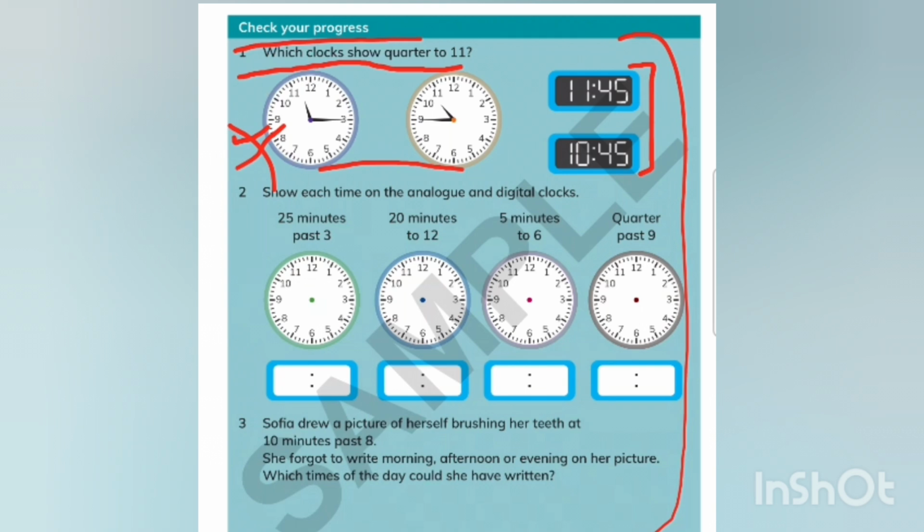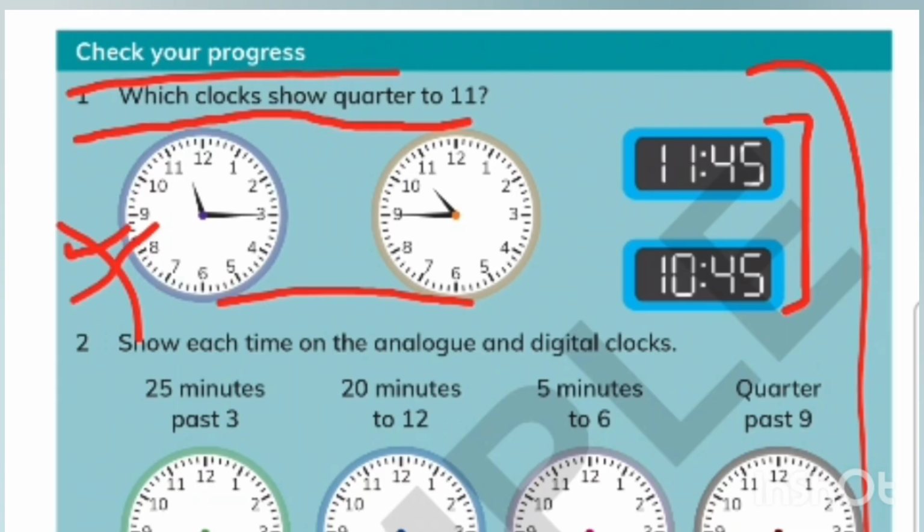In this clock you can see that the big needle is on 9, and 9 means 45, and the small needle is in between 10 and 11. It means 10:45, and 10:45 means quarter to 11, means after 15 minutes there will be 11 o'clock.